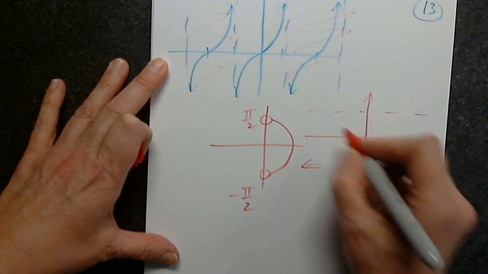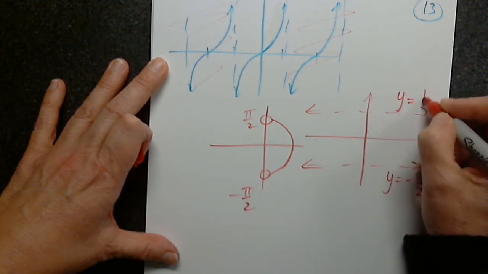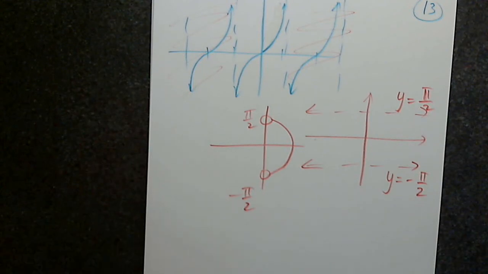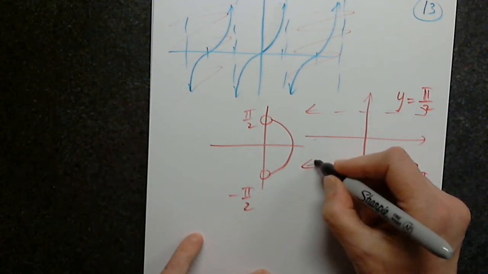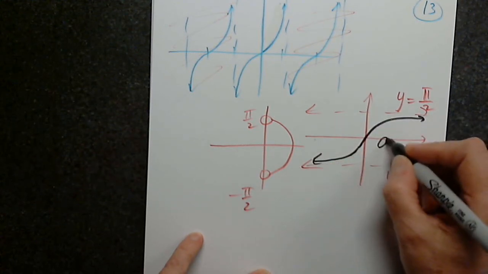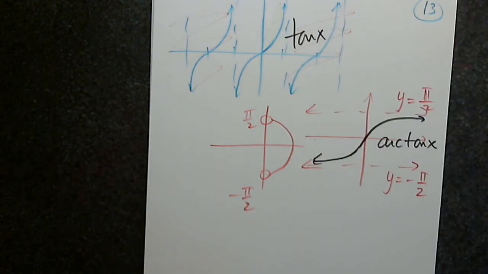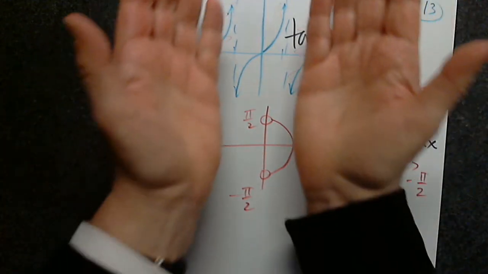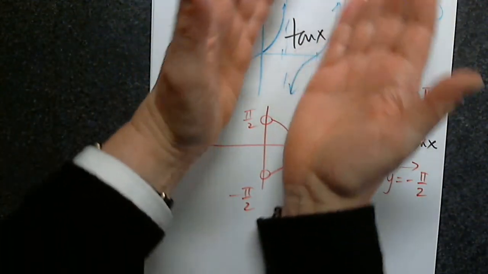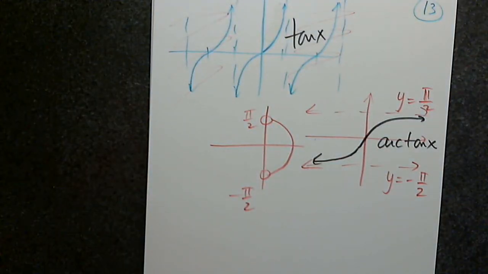This is y equals negative pi over 2. This is y equals pi over 2. And this is arc tangent. The tangent had vertical asymptotes at negative pi over 2 and pi over 2. This one must have horizontal asymptotes at negative pi over 2 and pi over 2.